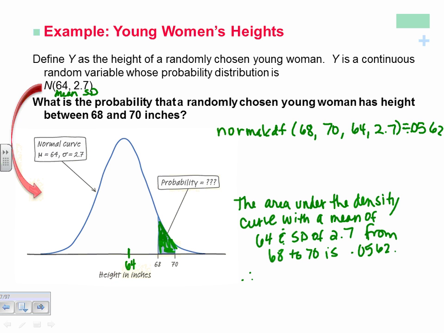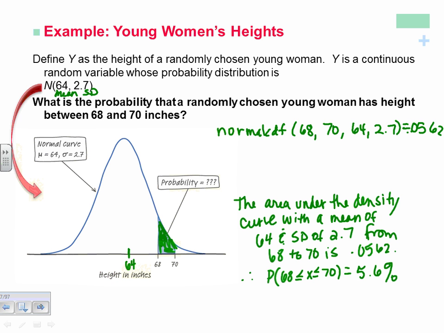Therefore, the probability that a randomly chosen woman has a height between 68 and 70 is 5.6%. Okay?